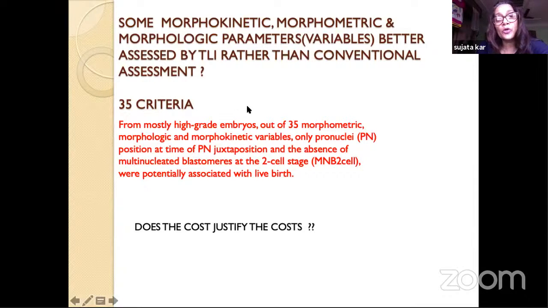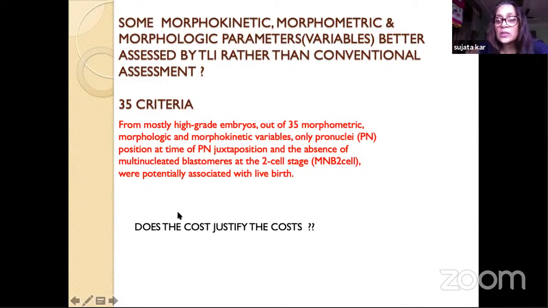And it was shown by this paper that out of the 35 criteria that are used to mark morphokinetic, morphometric, and morphologic variables, only two, the pronuclei position at the time of PN juxtaposition and the absence of multinucleated blastomere at 2-cell stage, were potentially associated with live birth.